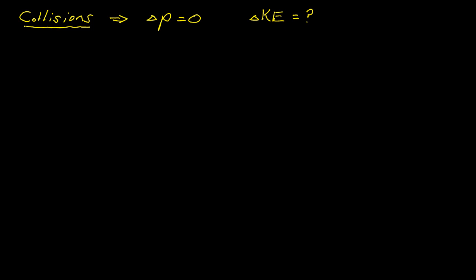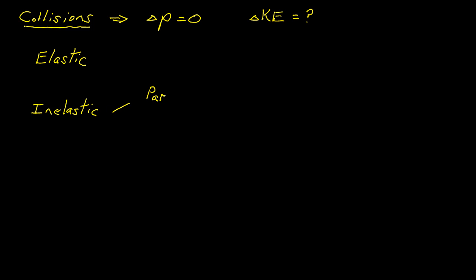Now, there are three different types of collisions. First of these is elastic. Then there are the inelastic, just meaning not elastic. Now, for convenience, we talk about two different types of inelastic collisions.